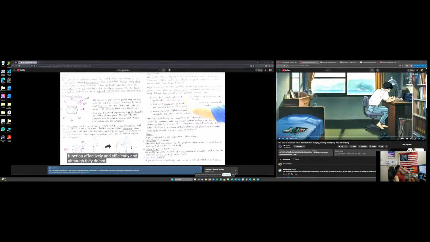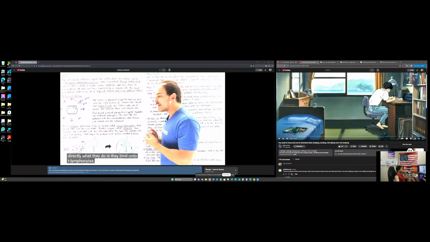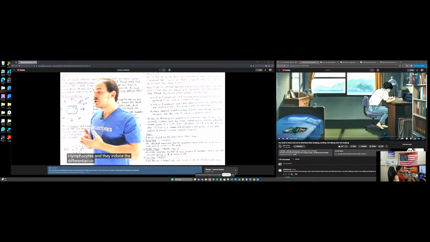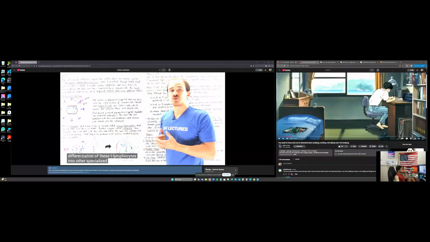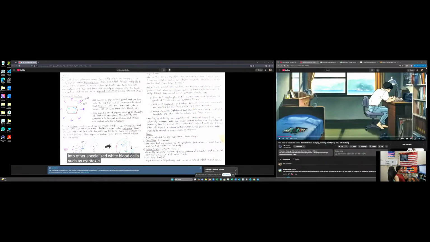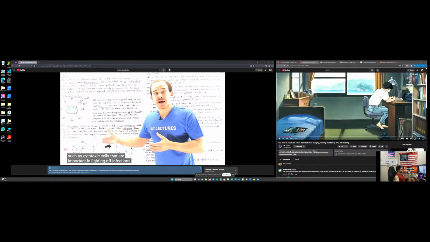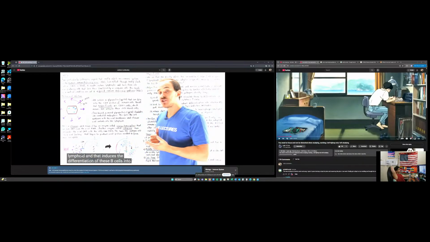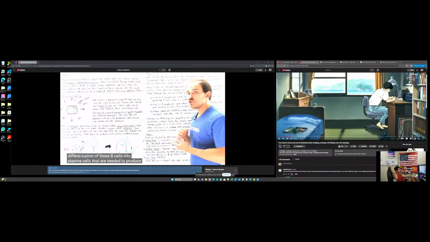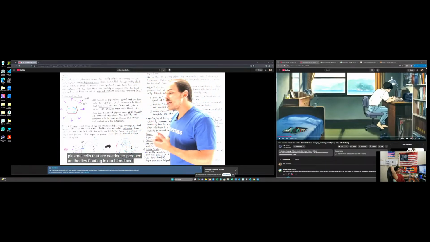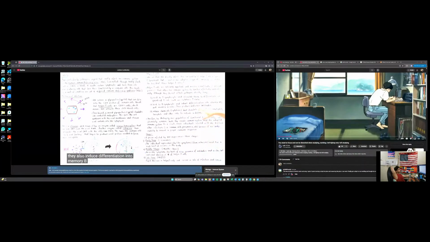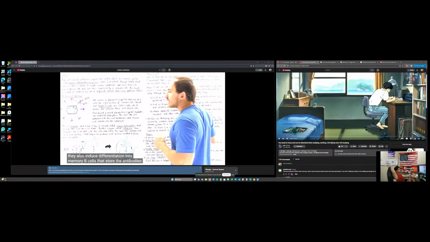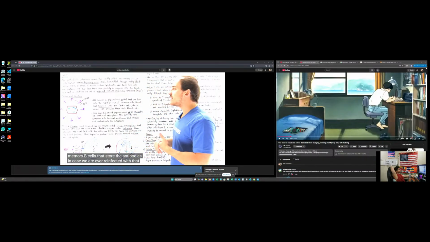And although they do not attack pathogens directly, what they do is they bind onto T lymphocytes and they induce the differentiation of these T lymphocytes into other specialized white blood cells, such as cytotoxic T cells, that are important in fighting off infections and infected cells. They also bind onto B lymphocytes, and that induces the differentiation of these B cells into plasma cells that are needed to produce antibodies floating in our blood, and they also induce differentiation into memory B cells that store the antibodies in case we are ever reinfected with that same pathogen.